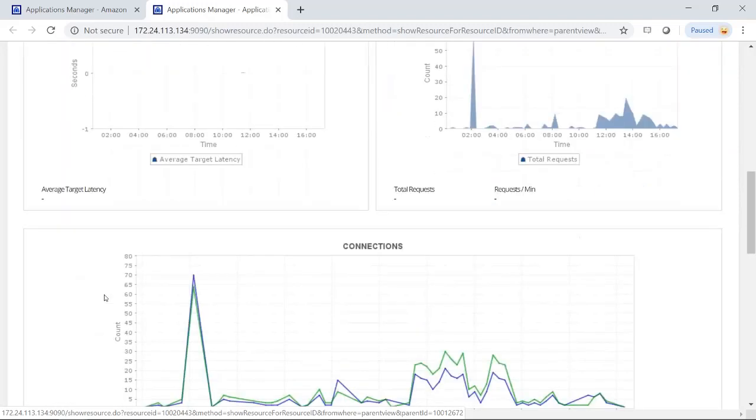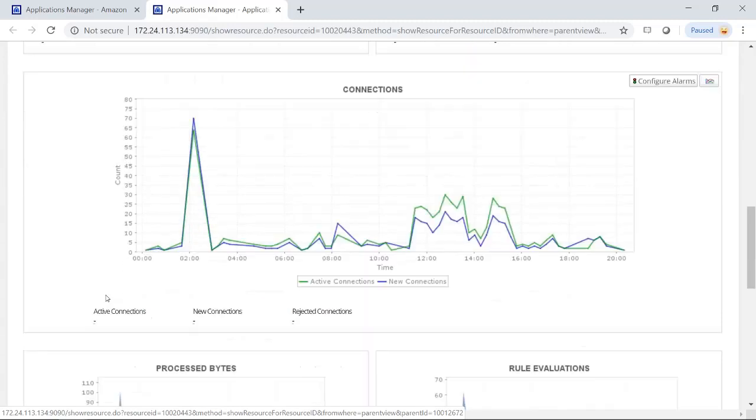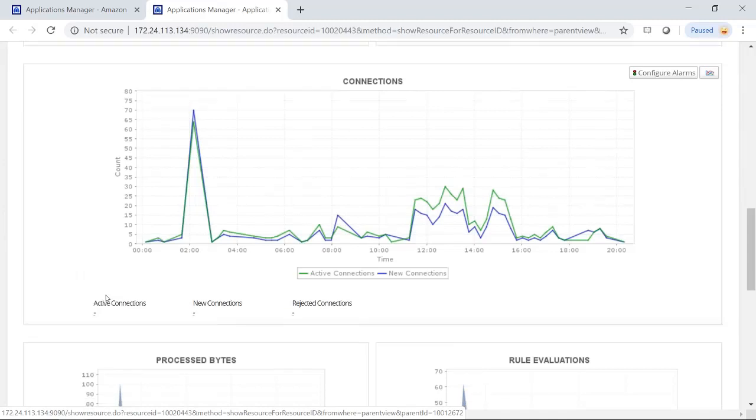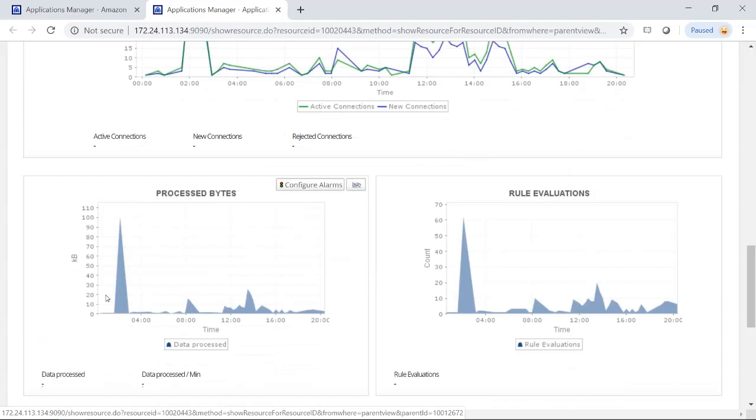At the same time, we can monitor the number of active connections and the number of new connections constantly trying to hit a single load balancer. Besides these, we also monitor the processed bytes, which helps monitor the total amount of data processed every minute, and any specific rule evaluations.